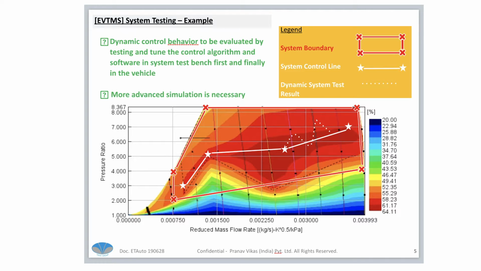This is the simulation we are going to use. Using this, you can avoid the non-efficient area surrounded by the blue dotted circle. More than 50 tests we can save using this simulation.